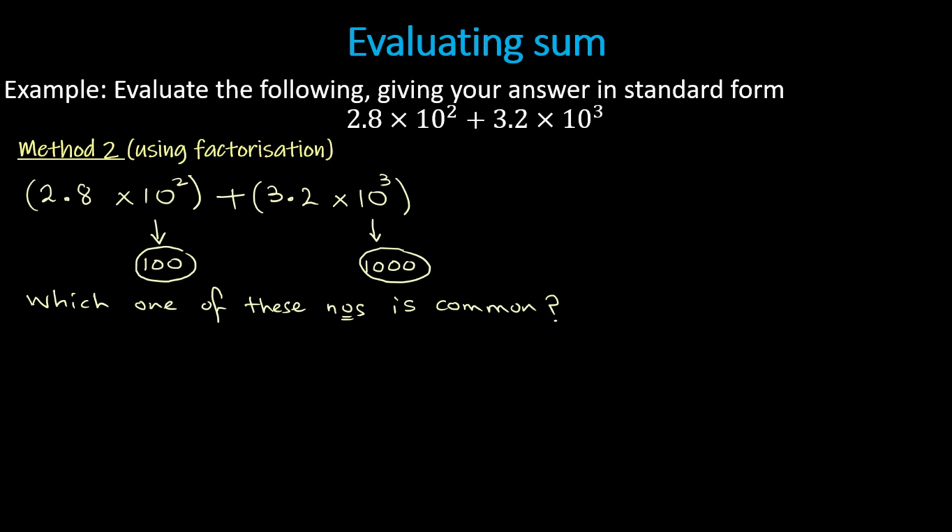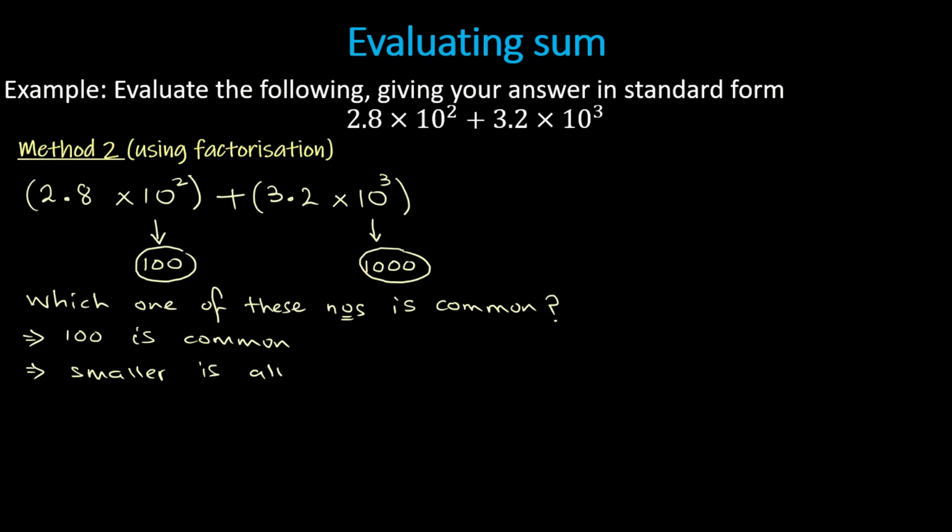Which one is the common factor? Right? It's always the smaller number which is common, because 1000 is divisible by 100, meaning 100 is common, right? So 100 is common, meaning the smaller number is always common.